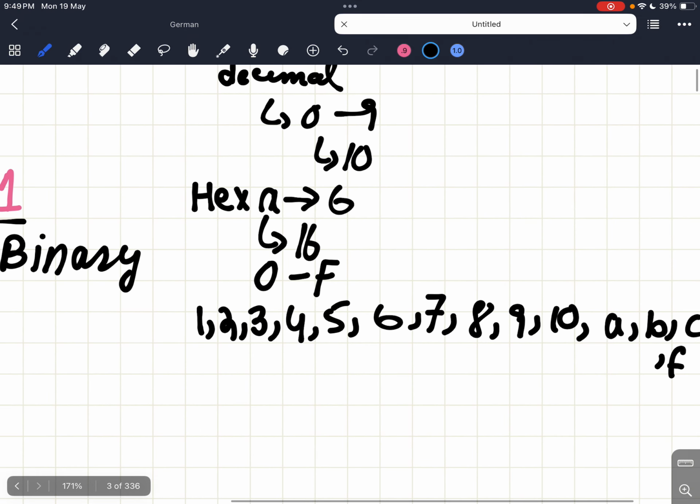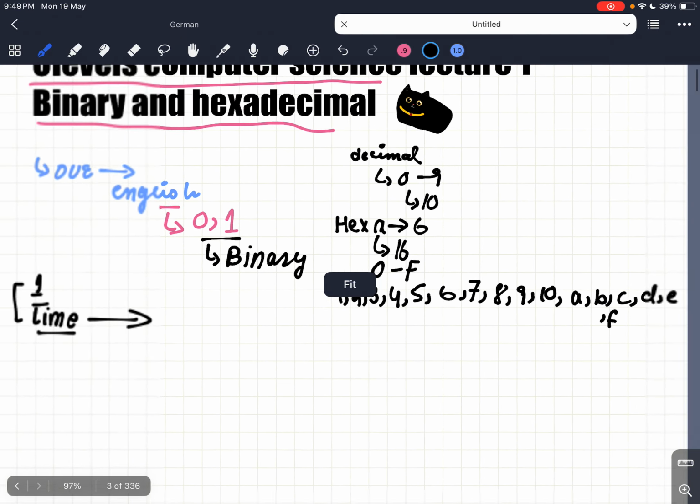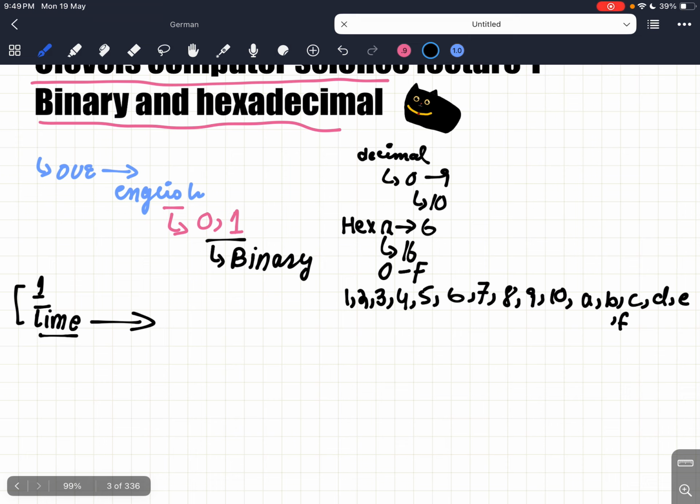These are the number systems, binary, hexadecimal and decimal, that we are going to talk about in all of the lectures.